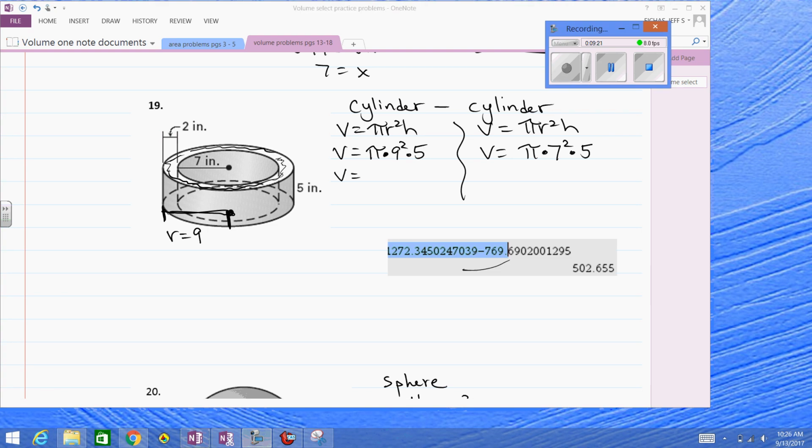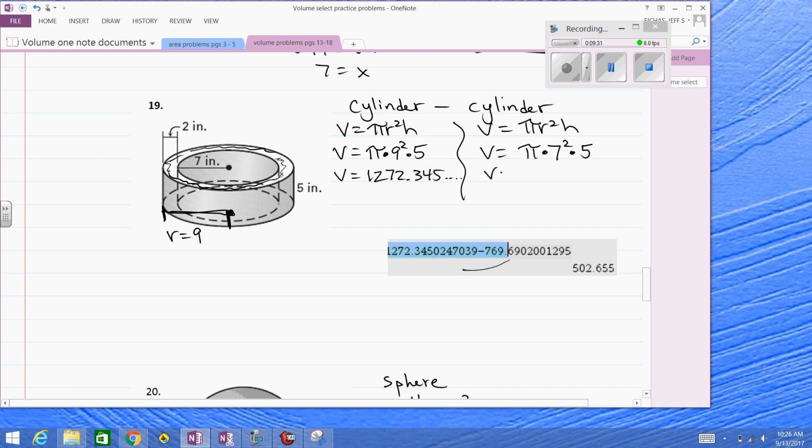So when I type that in the calculator, there's a couple ways to do this, but here's the way I did it. I got 1272.345. Again, I'm not going to round yet. And this one came out 769.690. Then after that, if I subtract those, we're going to get the difference, the volume between.